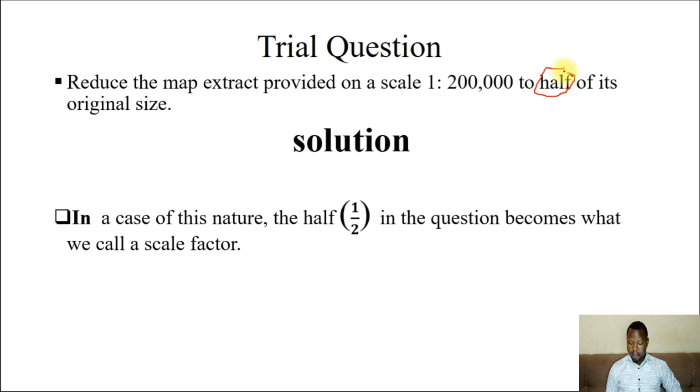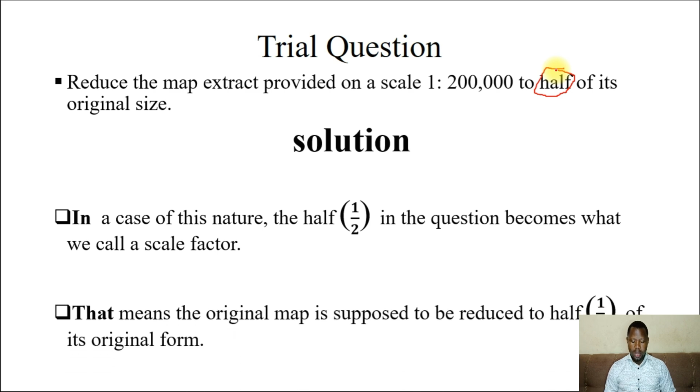You take note of the half in this question. So the half here mathematically represents 1/2. So that particular half is something you should note, because the half becomes our scale factor. So we have to take note of it. So wherever I refer to a scale factor, we are referring to this 1/2.